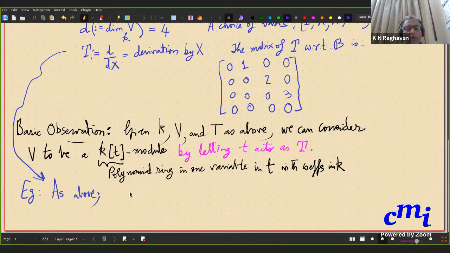For example, if I take 1 plus 5t squared plus 7t to the power 2022, how will this act on some polynomial?